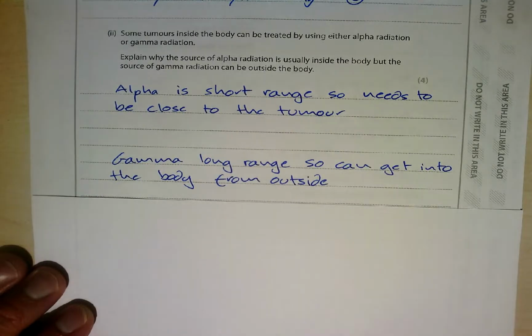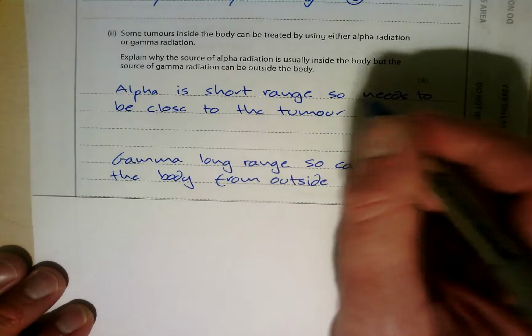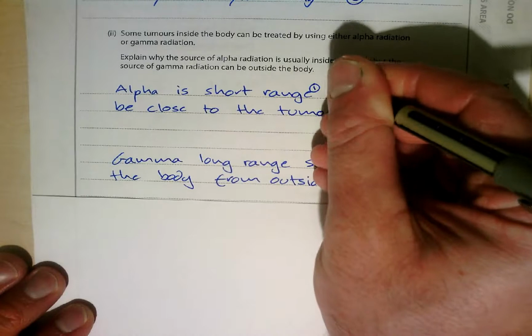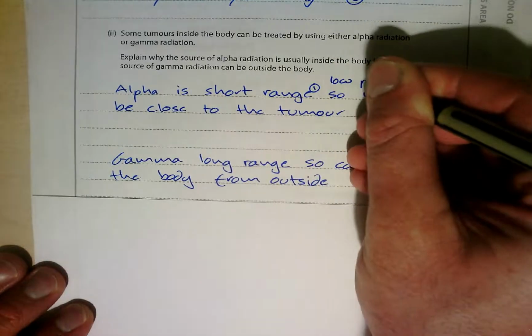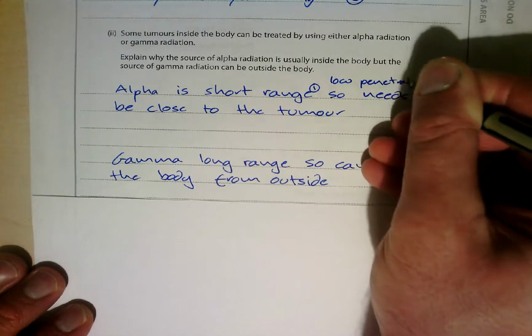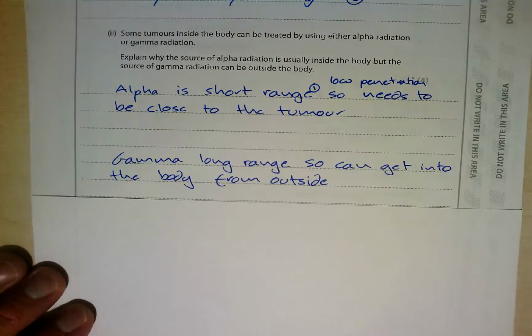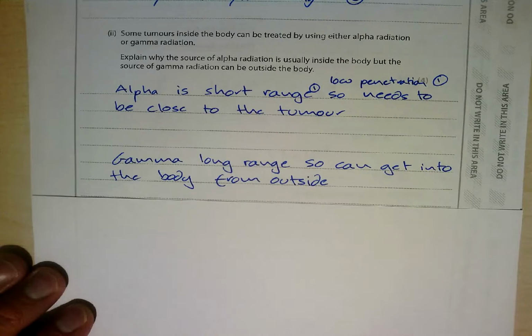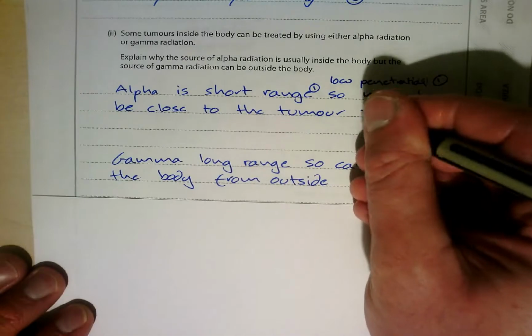So 1 mark for saying that it's got a short range, or it has got a low penetration. That would also get you the mark. The 2nd mark is for stating that it therefore needs to be close to the tumour.